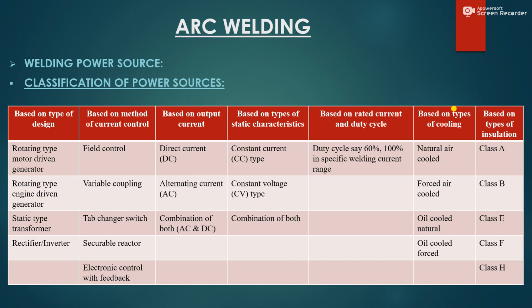Because of this, after the welding is completed, both the pieces which are welded will be very hot. So based on type of cooling, the power source can be defined as natural air cooled, forced air cooled, natural oil cooled, and forced oil cooled. These are the different types of cooling. And based on types of insulation, which are class A, class B, class E, class F, and class H. So these are the different types of power sources which can be classified based on these seven categories.